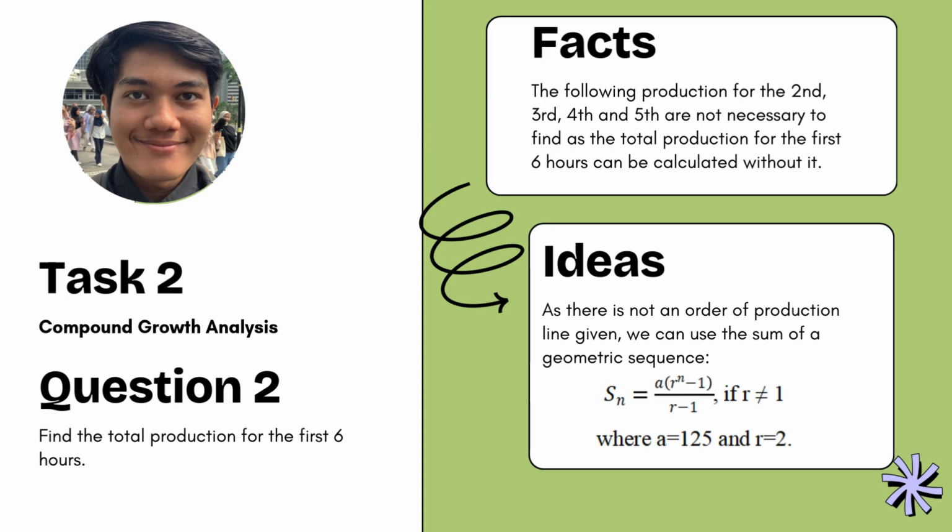As no order of production is given, we can use the sum of a geometric sequence, which is S_n equals a times r to the power of n minus 1, divided by r minus 1, where r is not equal to 1, a equals 125 and r equals 2.